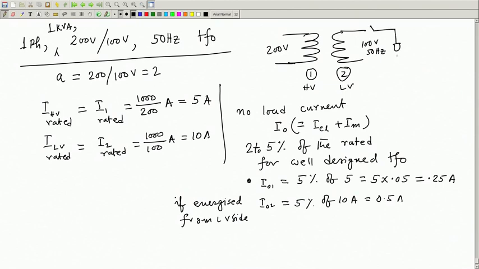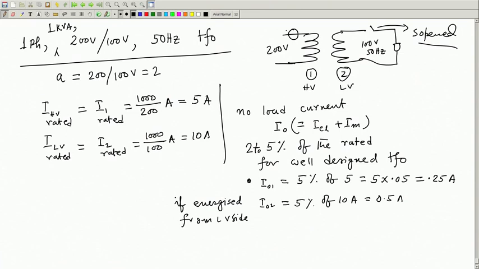Then suppose I want to measure this no load current, how to choose the ammeter range? It guides you. From the HV side, better take an ammeter whose range is 0 to 0.5 ampere.